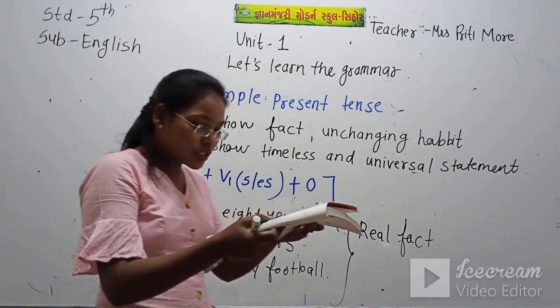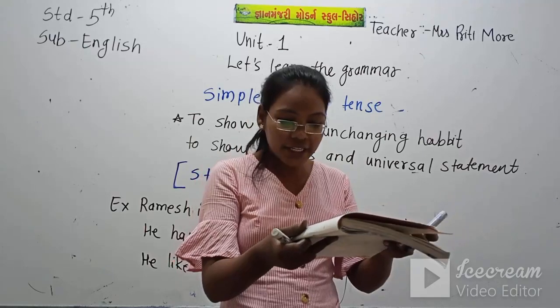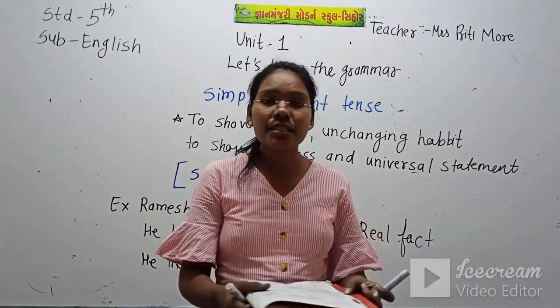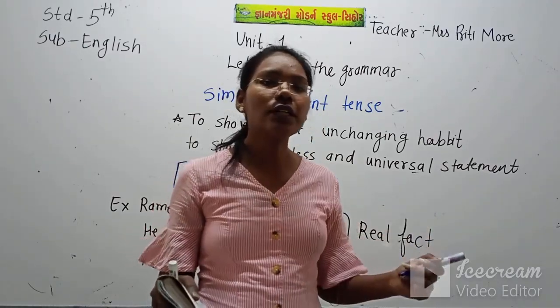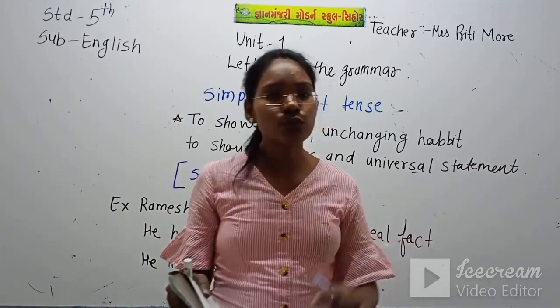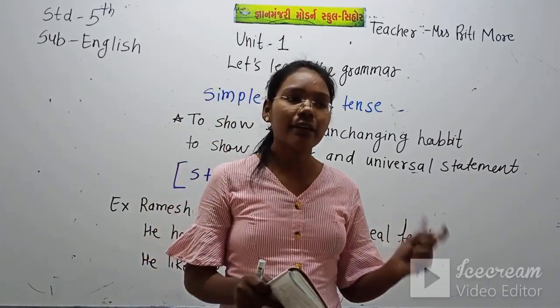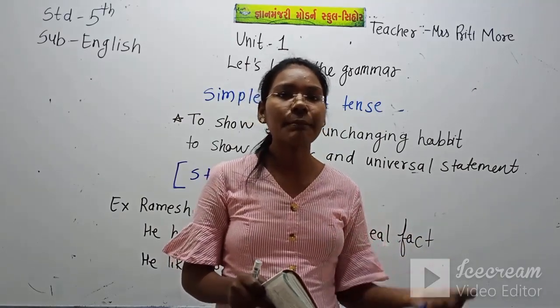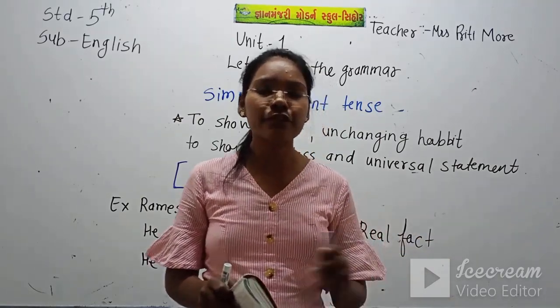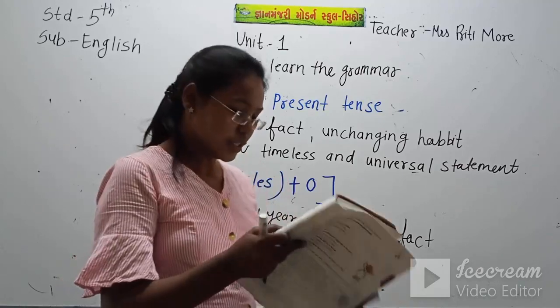When we talk about something that occurs every day or regularly, that is also called a fact. You come to school, this is your fact, this is also a real fact. Every student goes to school and comes back home. This is the real fact which we cannot change.